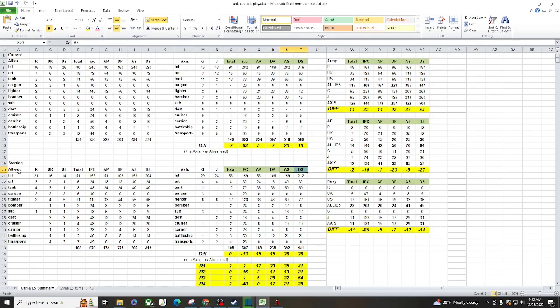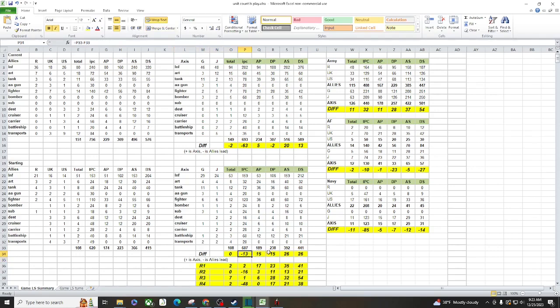Interesting thing, I never realized this, is that both Allies and Axis start with 108 units, exactly equal. So on these summaries, this is the difference between Axis and Allies. A positive means it is an Axis lead. Negative is Allies lead. I just had to choose one, and that's just how it came out to be.